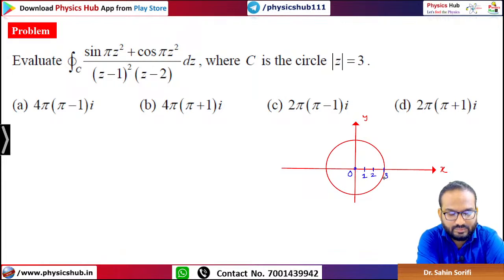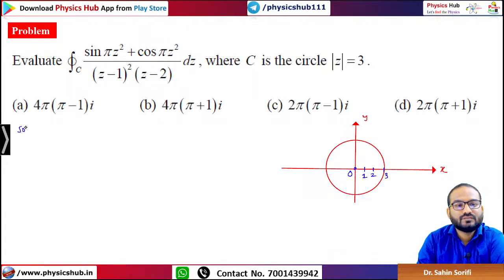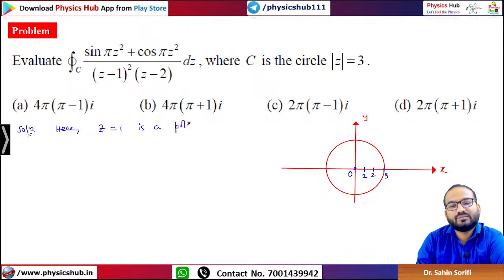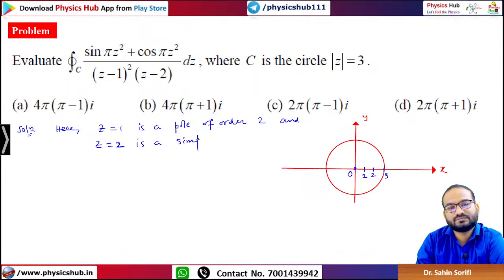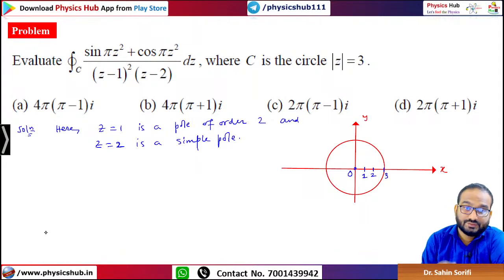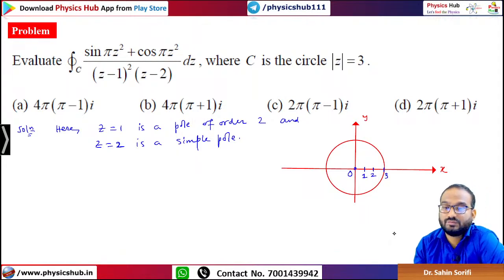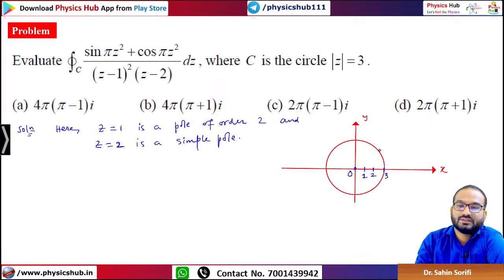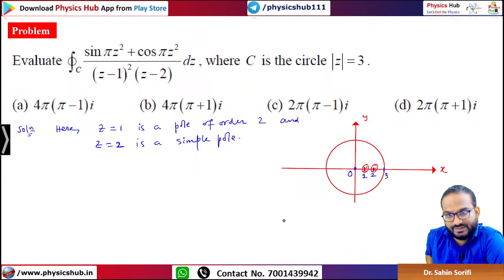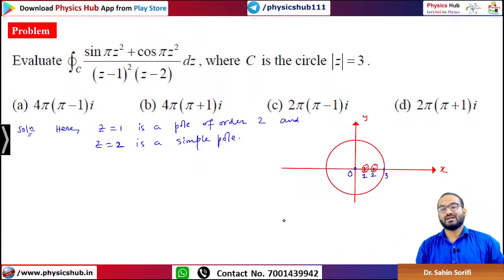So z equals 1 is a pole of order 2 and z equals 2 is a simple pole of order 1. Both z equals 1 and 2 lie inside the contour, so you have to calculate the residues at both of these points, because in Cauchy's residue formula we have 2 pi i into the sum of residues which are lying inside the contour.